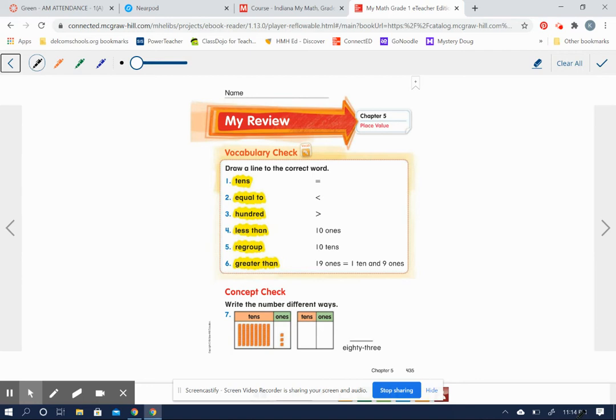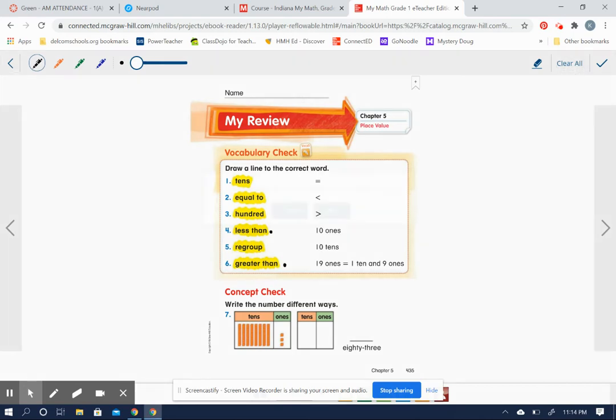So they want us to draw a line to match them to either the symbol or what it says over here. So the vocabulary words here say tens, equal to, 100, less than, regroup, and greater than.